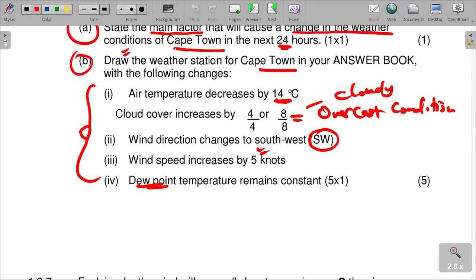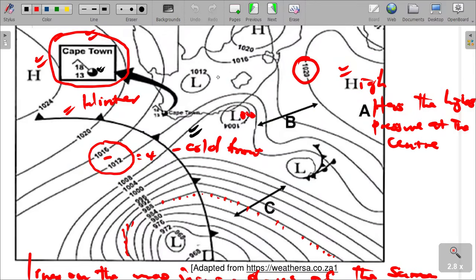We are also supposed to understand that the dew point temperature remains constant. Our dew point temperature was 13 degrees, and it did not change in this case.